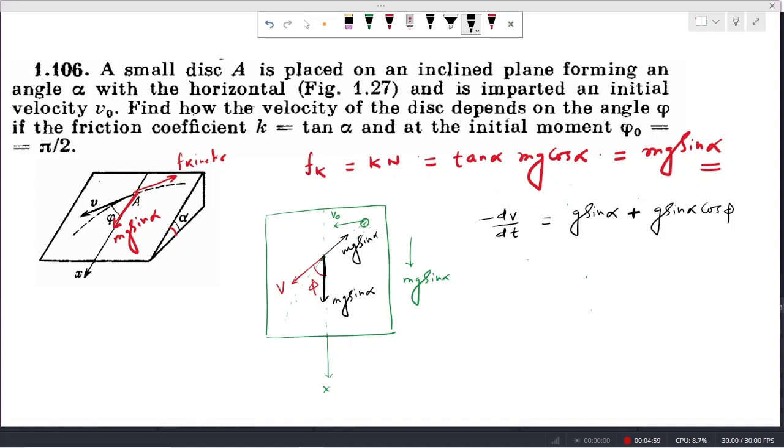Now we can write this as minus dv by dt equals g sin alpha into 1 plus cos phi. Sorry, we should put a minus sign here because we have written the rate of decrease of speed. Let's call it equation number 1.